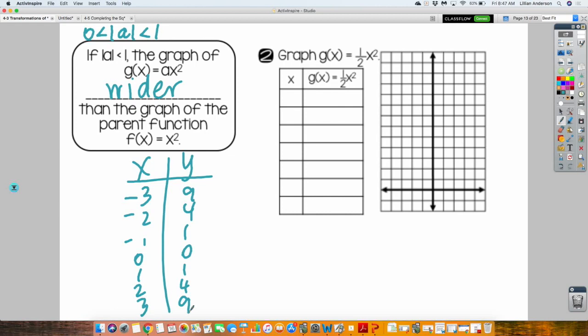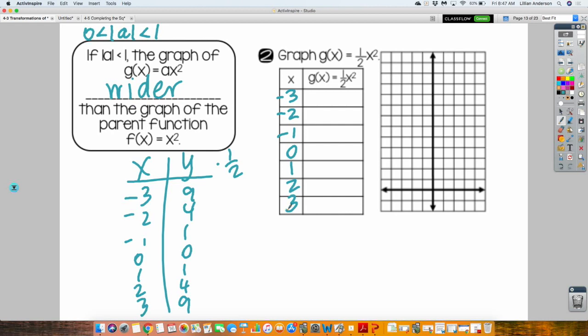So if I have y equals 1/2 x squared, I'm going to multiply all my y values by what? 1/2. So I'm going to multiply them all by 1/2. Does anything happen to my x's? No. So all of my x's stay the same. But all of my y's are going to get multiplied by 1/2.